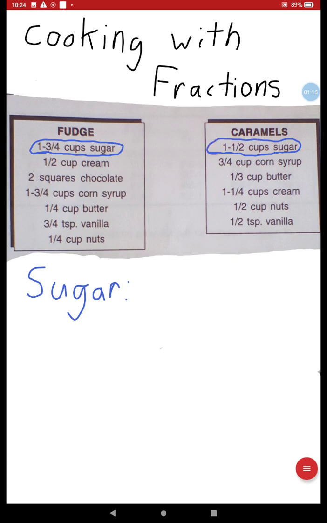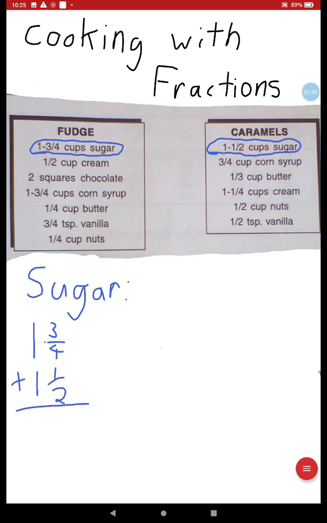Well, how much sugar am I going to have to make sure I buy at the store? What I need to do is add those two together. So let's take 1 3/4 added to 1 1/2.